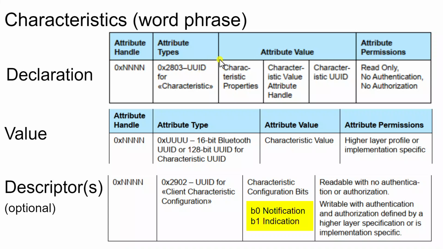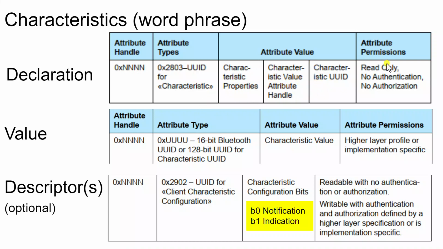If you see that, you know that the value of the attribute is broken into these three parts: the characteristic properties, the value attribute handle, that means where the characteristic value, that handle right here, is, and its UUID, which would map to this too. Having both the handle and the UUID allows you to do some searching more quickly without having to look up the value from the handle.